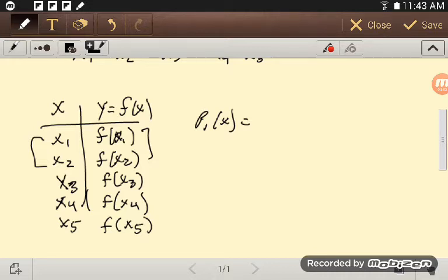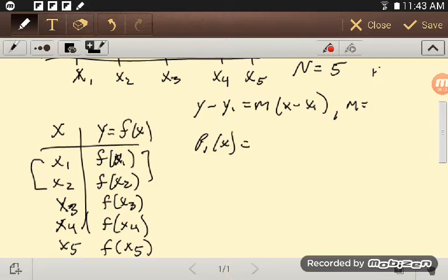Well, I can just use the point slope form. You are most likely used to thinking about y minus y1 equals m times x minus x1, where m equals y1 minus y2 over x1 minus x2, something like that.